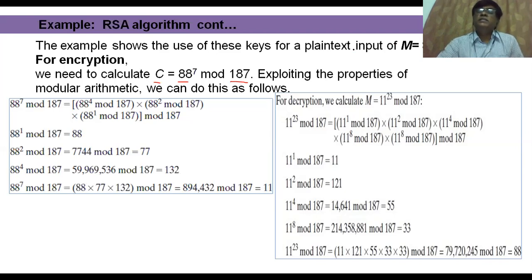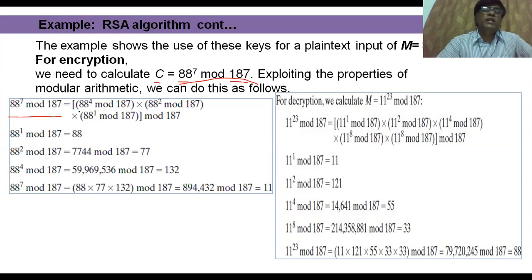Because C is equal to M power E mod N, that's how we get the C value. So how to get it? 88 power 7 mod 187 can be calculated like this.